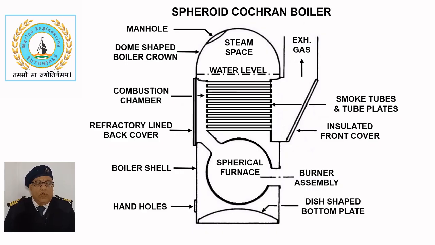The boiler is robust and easy to maintain. The working pressure ranges from 10.3 bar to 17.2 bar, and the evaporation rate ranges from 991 kg per hour to 4550 kg per hour.